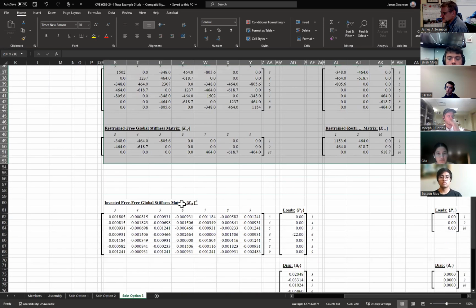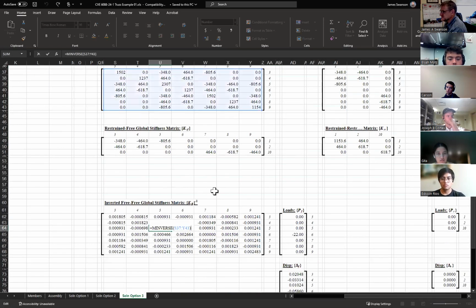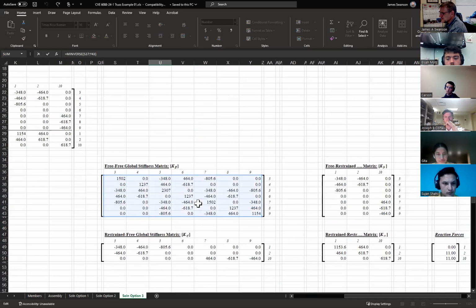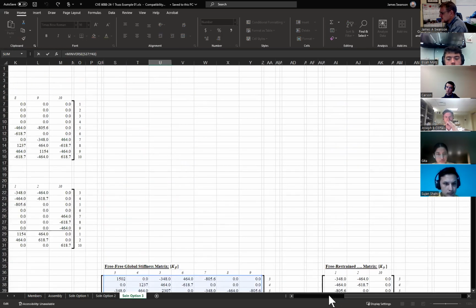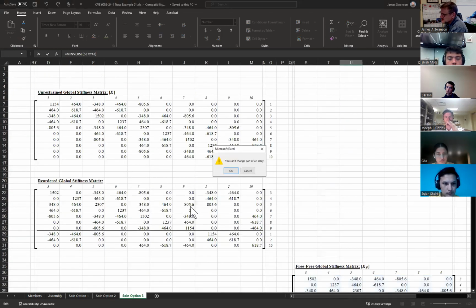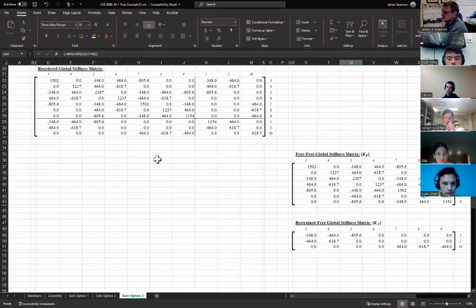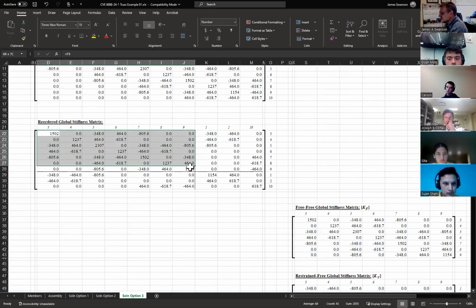What I'm ultimately doing is inverting the free matrix. So this matrix down here is the inverse of K sub FF, but I could have just as easily inverted this 7x7 block of cells as well.